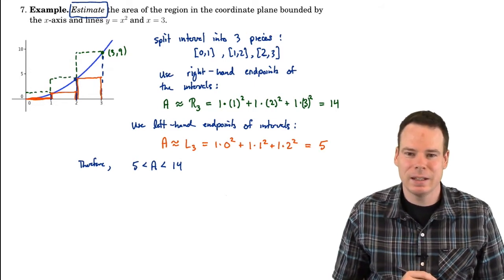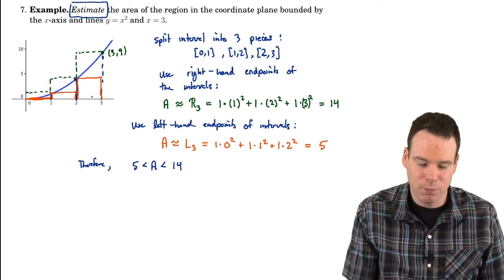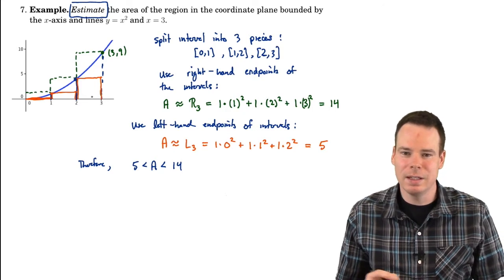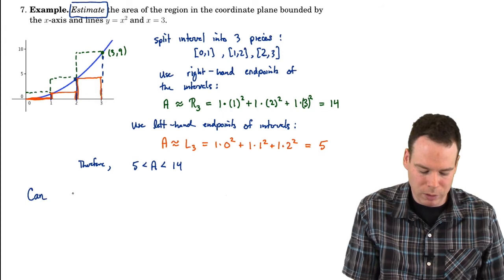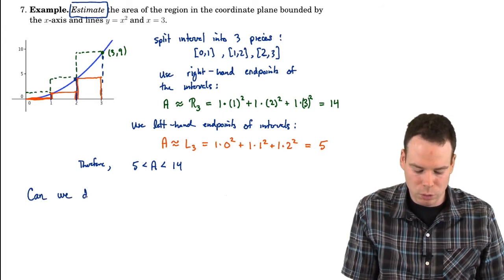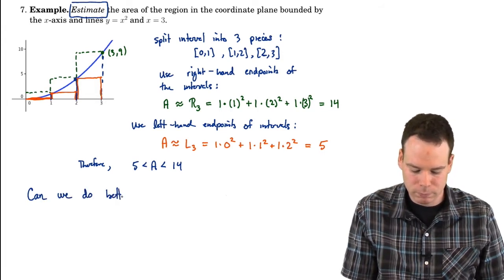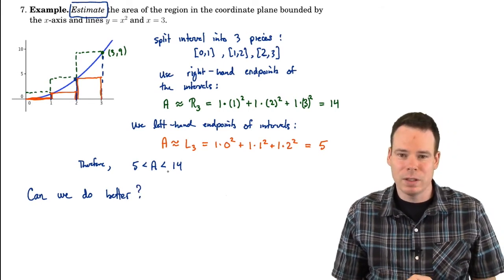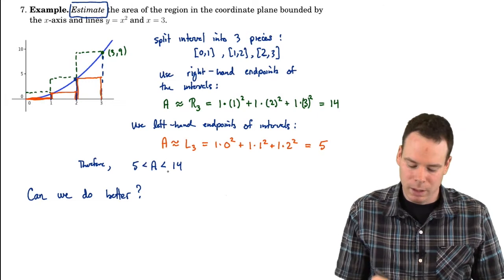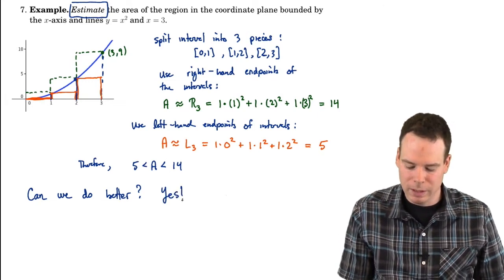So to get us thinking in this direction, I want to start by using 4 rectangles, and we'll see what the details of the calculations are with 4 rectangles. But really, we're coming up with this question: can we do better? We found that the area is between 5 and 14. Can we do better? And we saw that, yes, we can do better.